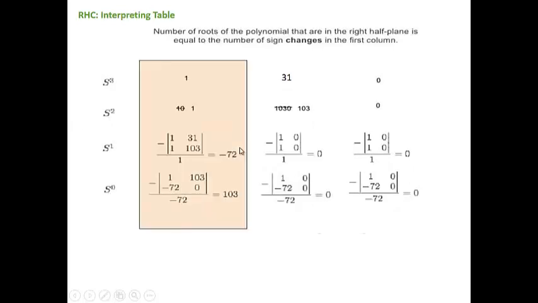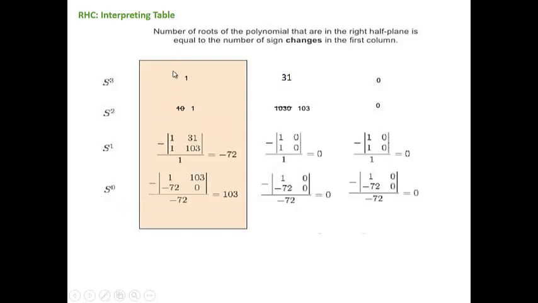So now it's time for you to interpret the table. Okay, the number of roots of the polynomial that are in the right half plane is equal to the number of sign changes in the first column. It means that bila you dah fulfill all the terms inside the table, you kena tengok pada kolom pertama yang ada nombor.